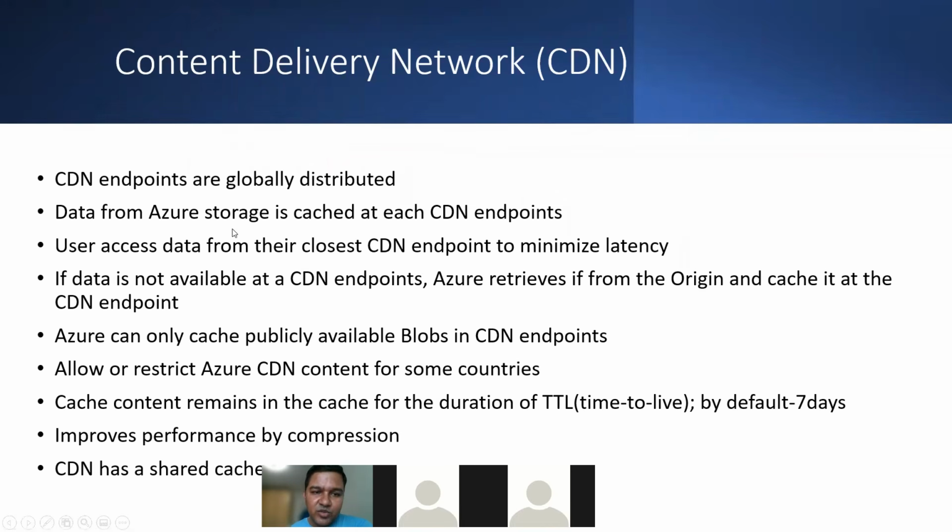Now, data from Azure storage is cached at the CDN endpoints, and user data from the closest content delivery endpoint is used to minimize the latency. But don't worry, it does not store all the information. It only stores publicly available data. If I am accessing my Gmail account with user ID and password, that page is not public, so the CDN doesn't store that.